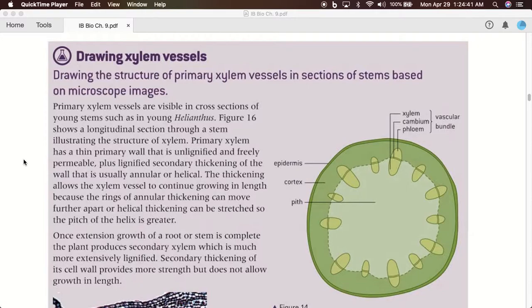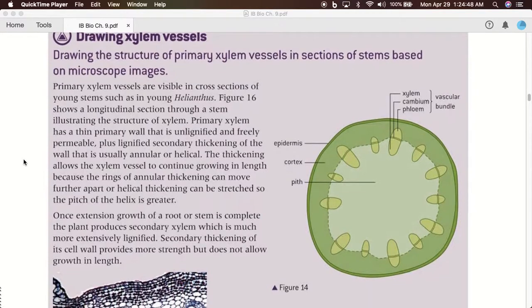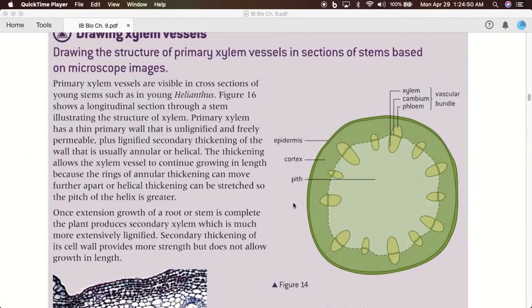You guys are also supposed to be technically able to draw and label xylem vessels or identify them from a cross-section. So here's a classic cross-section of a plant, and what you should notice is that you've got your xylem closer to the center of the stem, and then you've got your phloem closer to the perimeter or circumference of the stem.